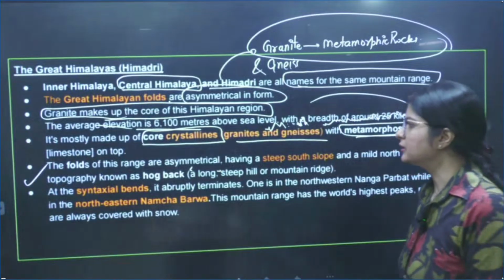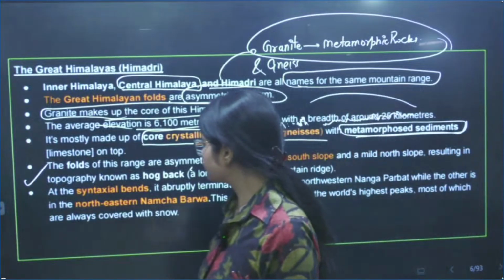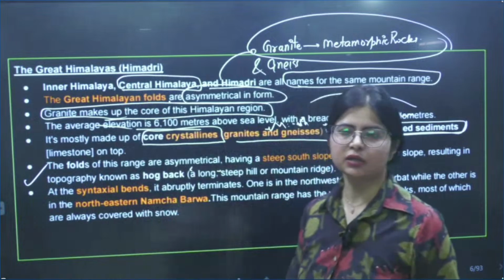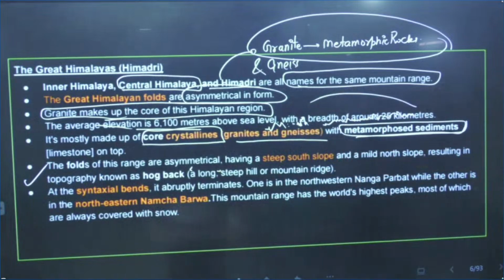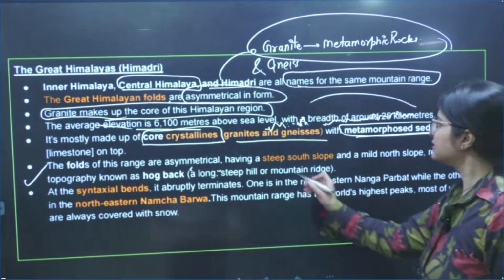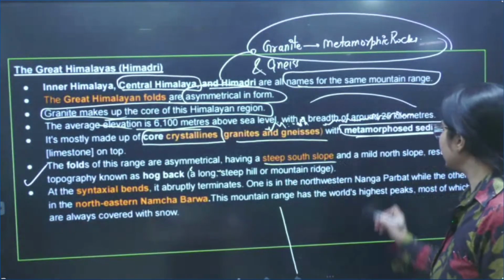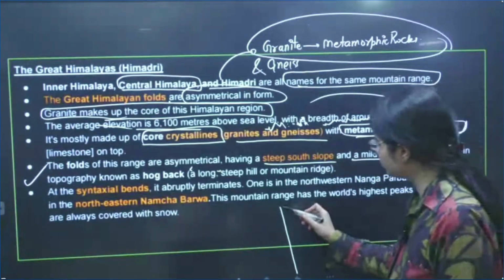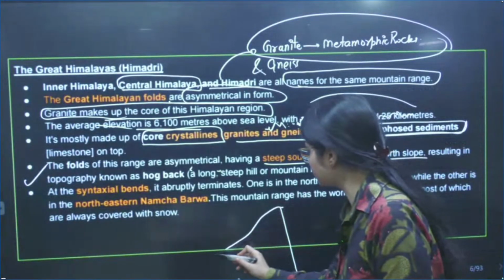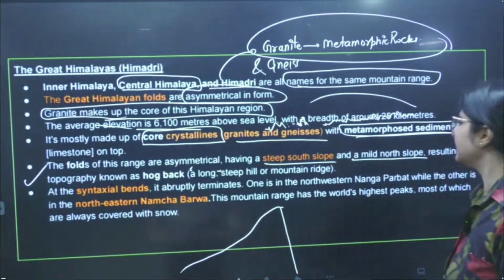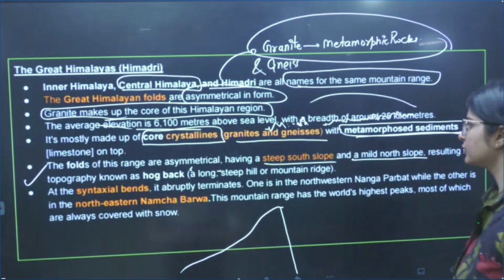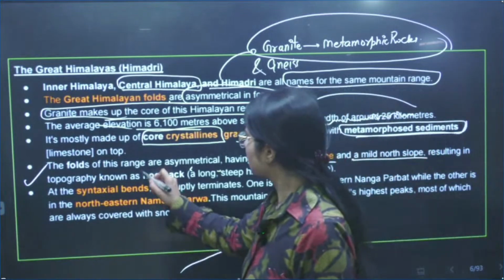Write down: the folds of this range are asymmetrical, having a steep south slope and a mild north slope, resulting in topography known as hogback.